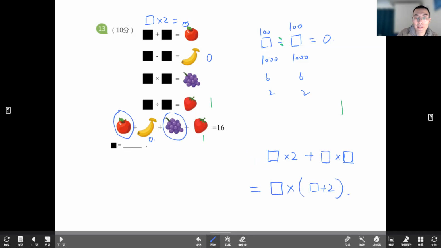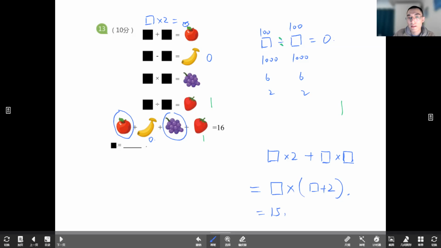Why? Because the banana is 0, so we can just throw it away. It has no effect to the sum. But the strawberry is 1, so we need to take away the strawberry. So it should be 15, plus 1 equals 16, right? So this is 15: square times (square plus 2) equals 15.